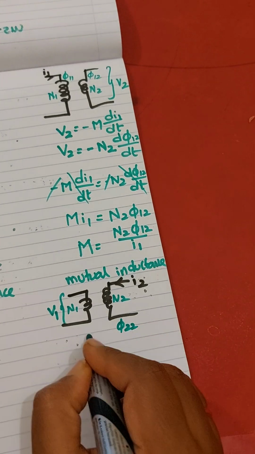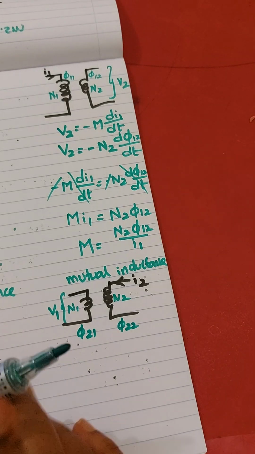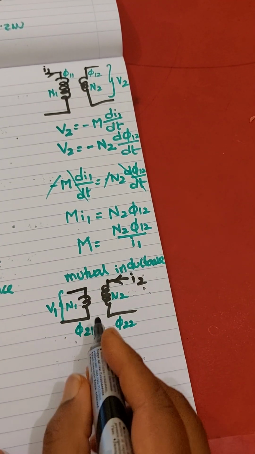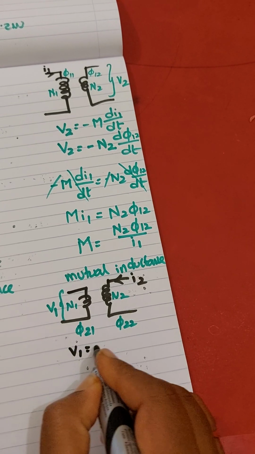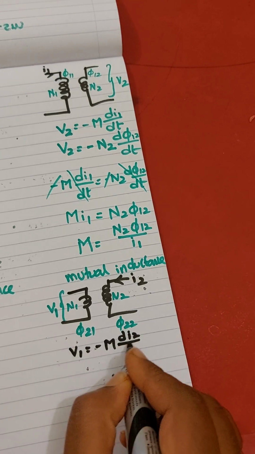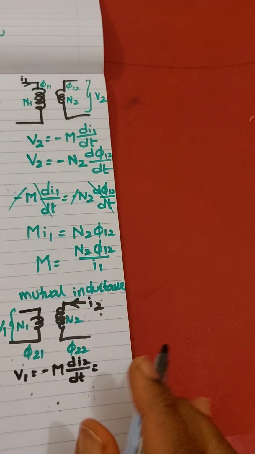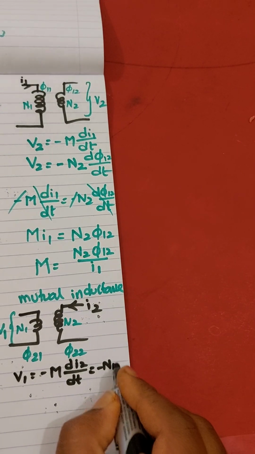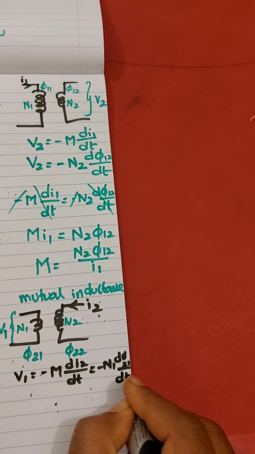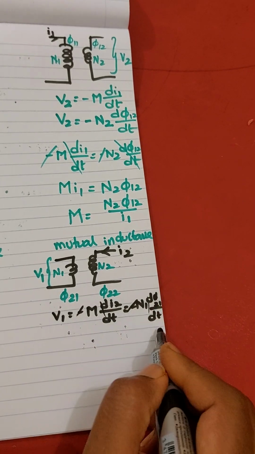Here V1 is minus M dI2/dt, which is also minus N1 d phi21/dt. The negatives cancel and d/dt cancels.